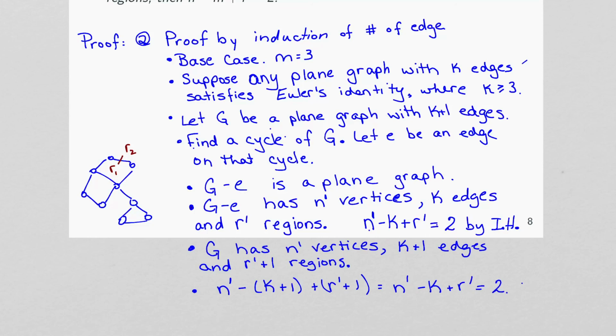So Euler's identity works for G. Therefore, by the principle of mathematical induction, it works for all of them. It all hinges on that when you go from G down to G minus e, you've deleted an edge, but you've also reduced the number of regions. Both your size and your number of regions go down, and because we're subtracting edges and adding regions, the value of the left-hand side of the equation hasn't changed.